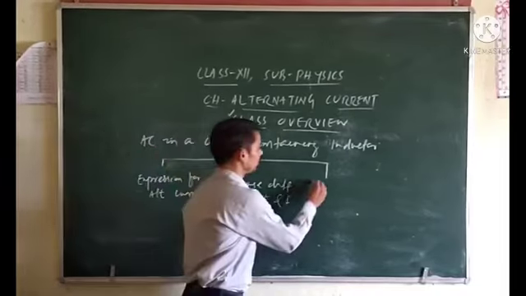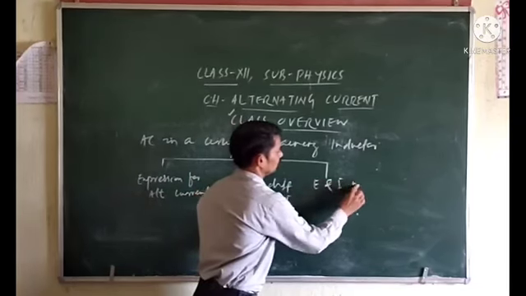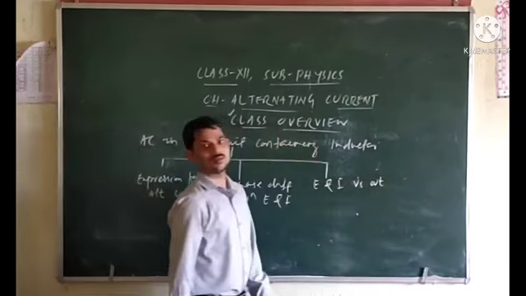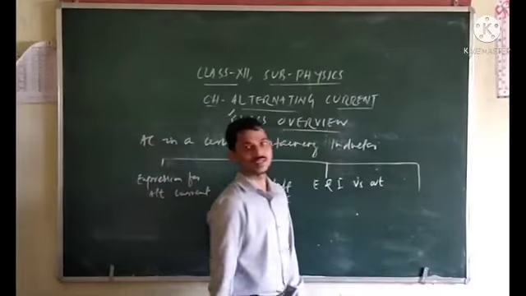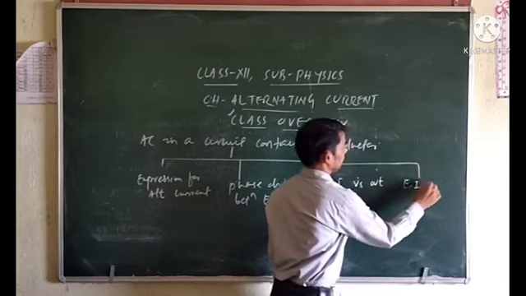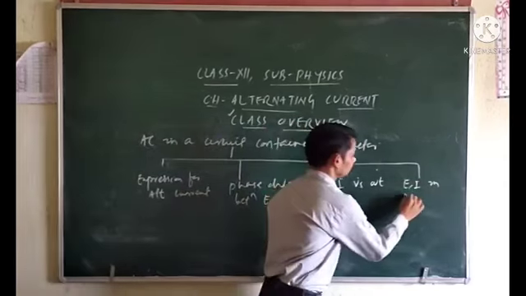Then we will plot the graph of alternating EMF and current versus phase angle omega t, and finally we represent the current and alternating EMF in a phase diagram.